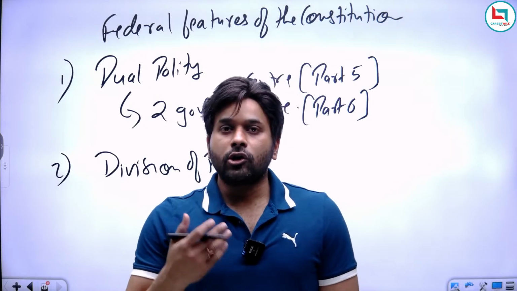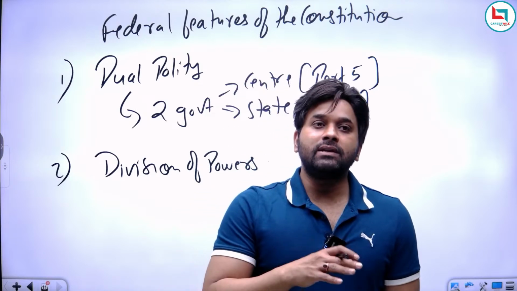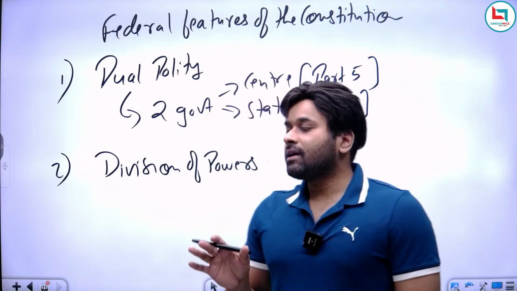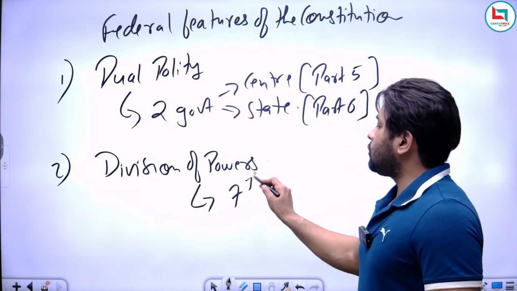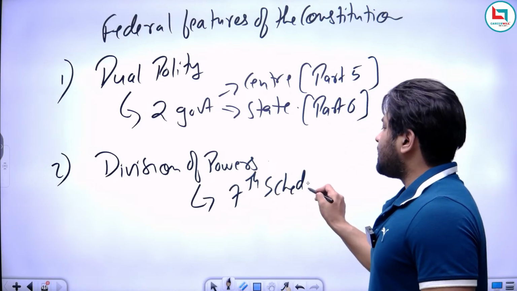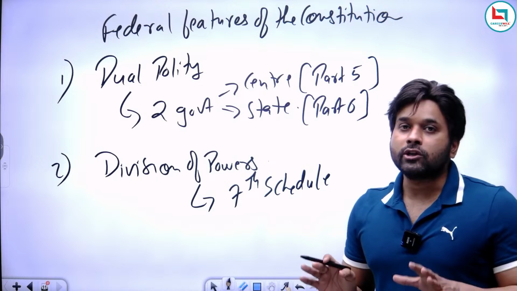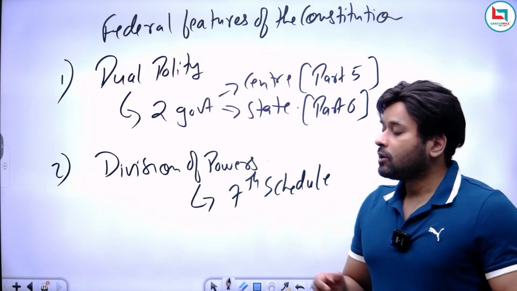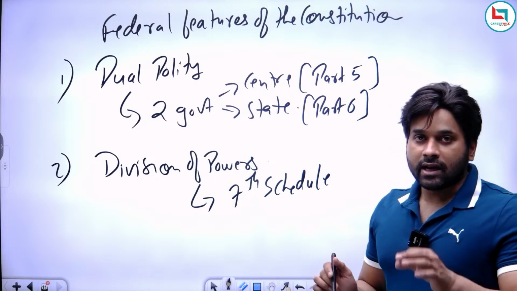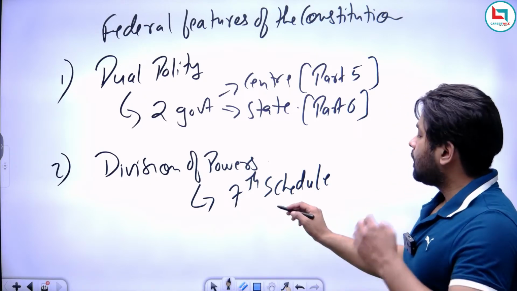So in order to ensure that both the governments have their own power, there is an arrangement in the constitution. Under the 7th schedule of the constitution, see, we all know that there are a total of 12 schedules. Originally there were 8 schedules, but now there are 12 schedules in the constitution. So under the 7th schedule, there is an arrangement of distribution of power. How?